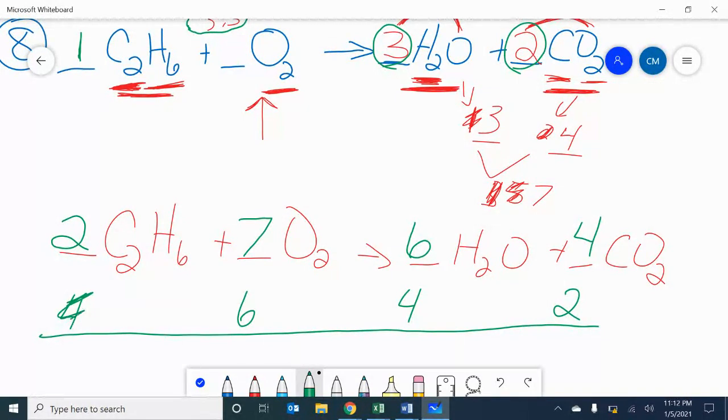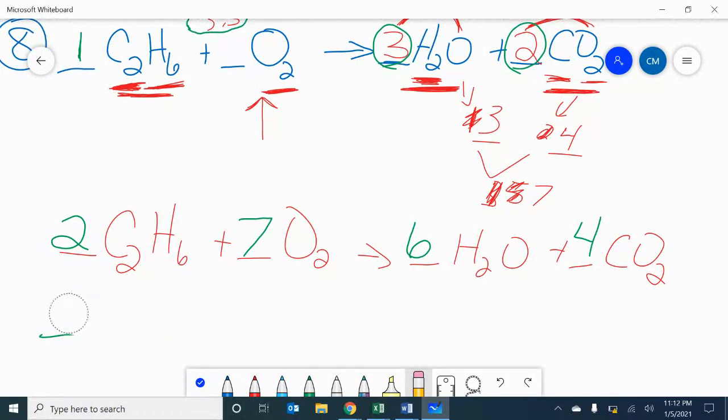So really, we would want this to be a 2, this to be a 3, this to be a 2, and this would just be a 1. And we would reduce it down. That's what we want to do in balancing equations if we have these big numbers and they can be reduced. Now, I just doubled everything, but I know they can't reduce because I've got a 7 in there. And that 7 is not divisible by anything that everybody else is divisible by.